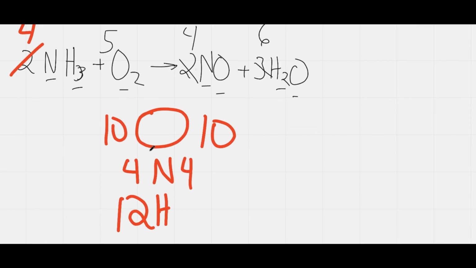But what about this side with our hydrogens? Well, 6 times 2, we got 12 hydrogens. So our final balanced equation is 4 NH3 plus 5 O2 gives me 4 NO plus 6 H2O.